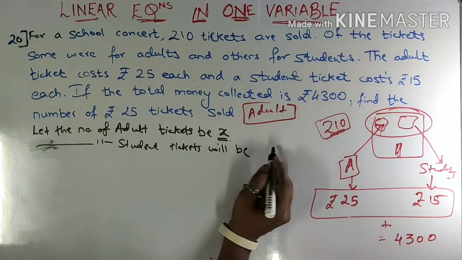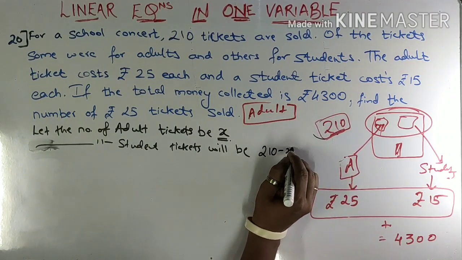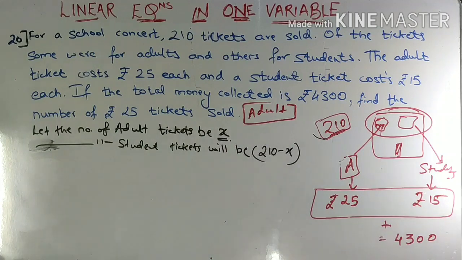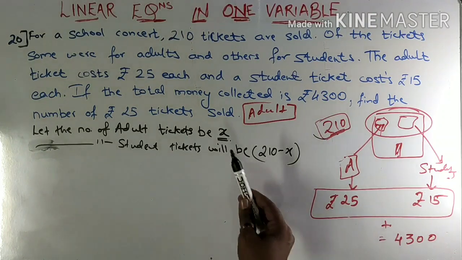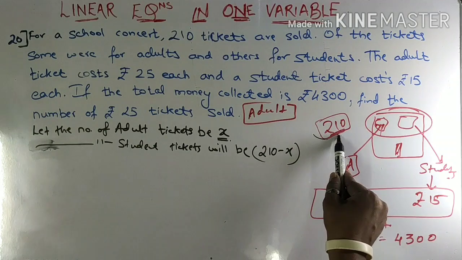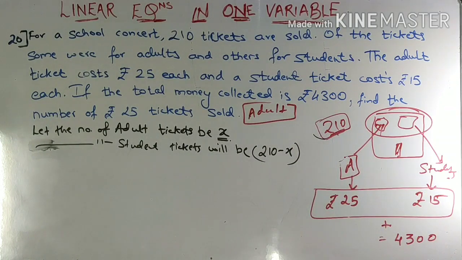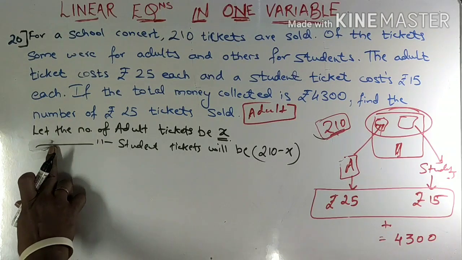No, because we have the sum as 210. So student tickets will be 210 minus X, because X we know. I cannot take a second variable. I am supposed to stick to only one variable. So X is the number of adult tickets. The sum of adult and student tickets is 210. So my student tickets will be 210 minus X. I hope you got this.